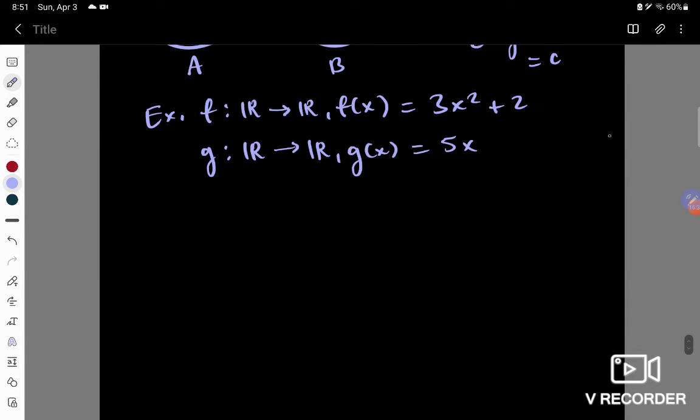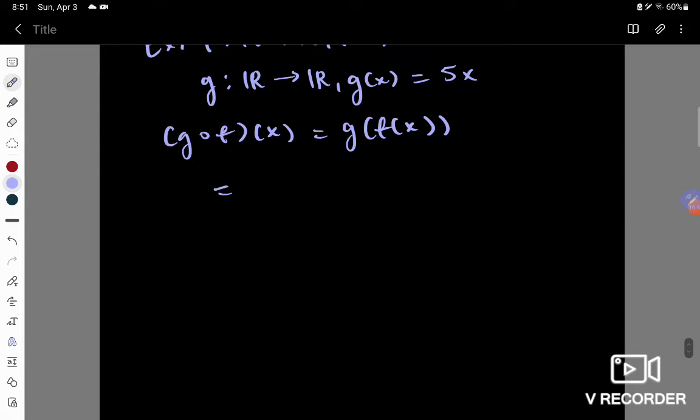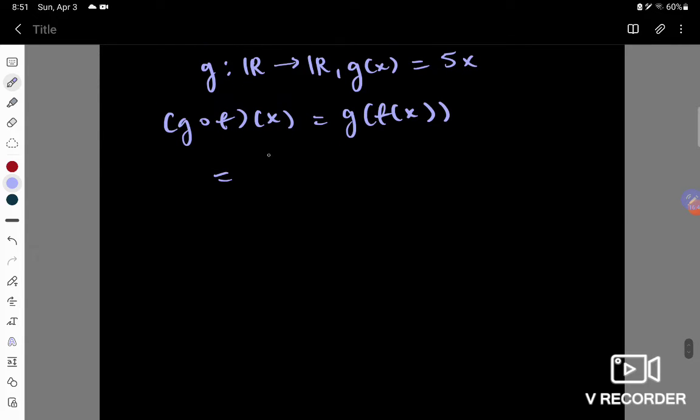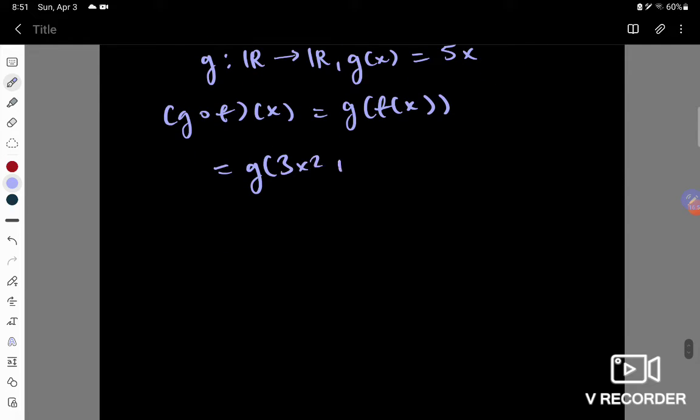So now we want to take this composition g of f, which equals g of f of x. As we have f of x here, we just plug in, g of 3x squared plus 2, and that equals 5 times this, so just 15x squared plus 10.